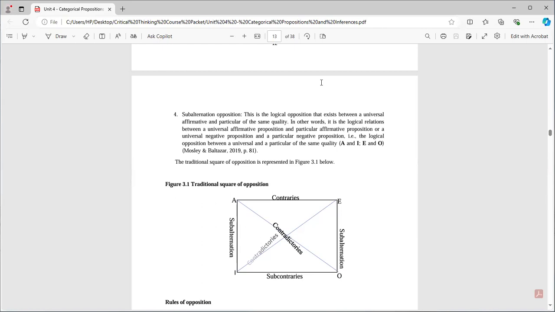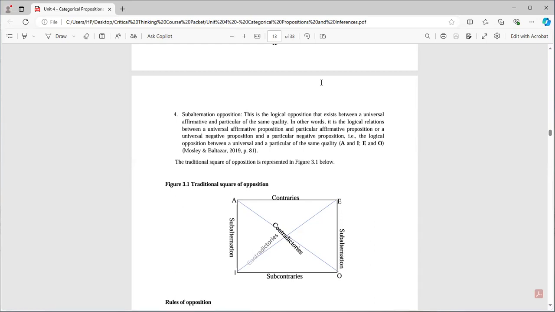When you have your square, at the top left corner, put A there. A is what? Universal affirmative. At the top right corner, put E there, universal negation. At the bottom left corner, put I there, particular affirmative.